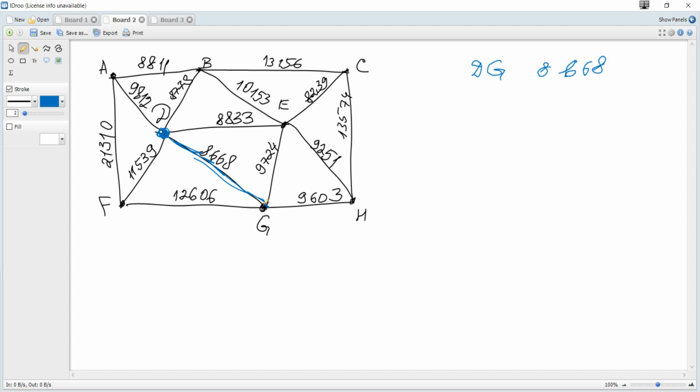The next, from G, we find a neighbor so that the edge is with the least weight.